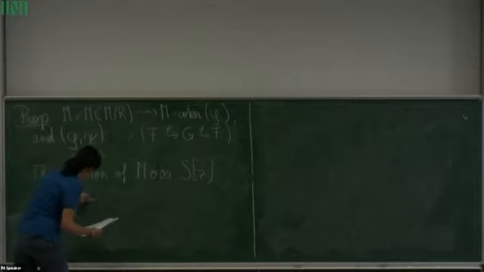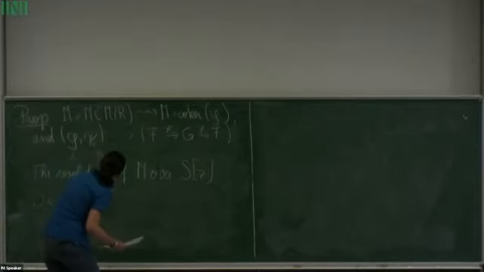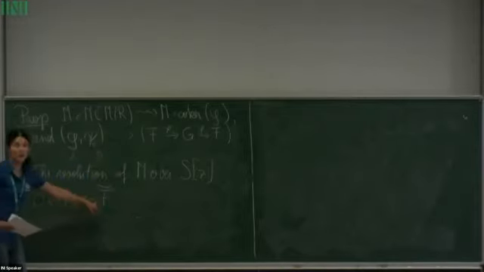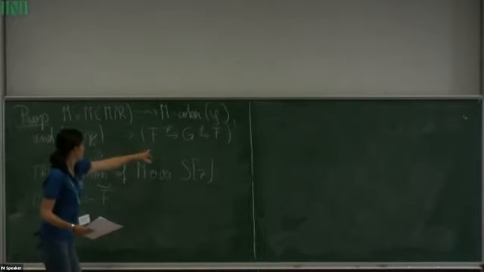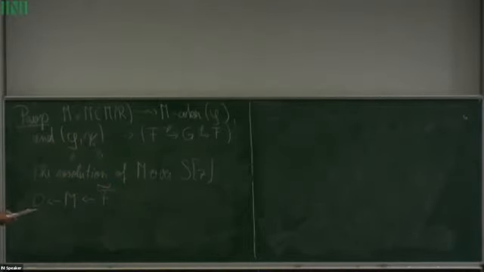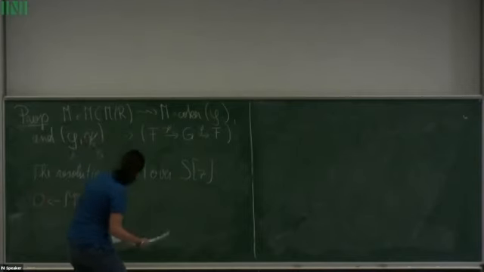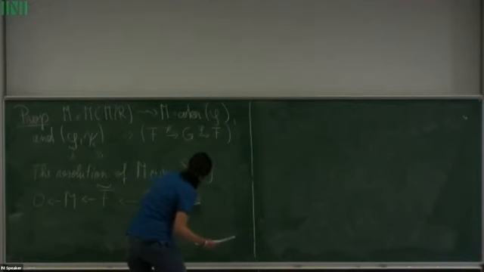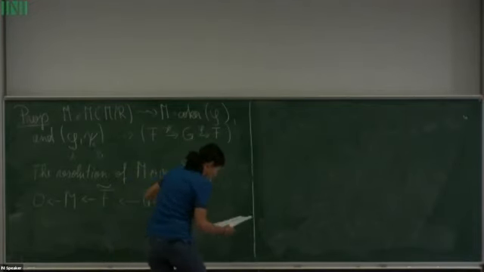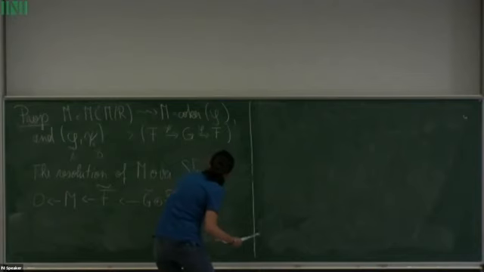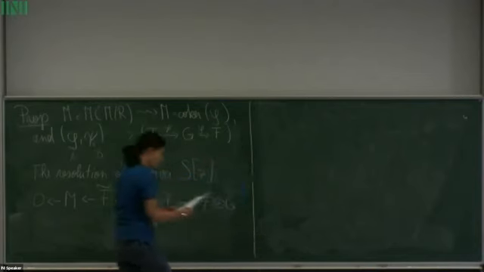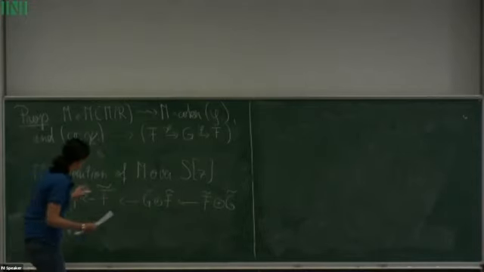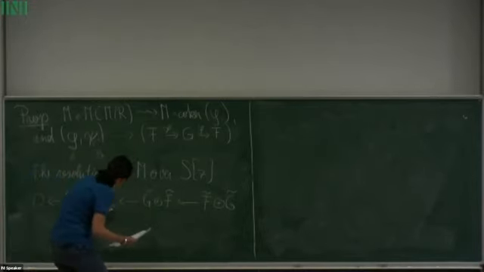So 0, M, and then I'll just denote with a twiddle the lifts of F and G to S adjoin Z. F twiddle, G twiddle. And what do we have as maps here?